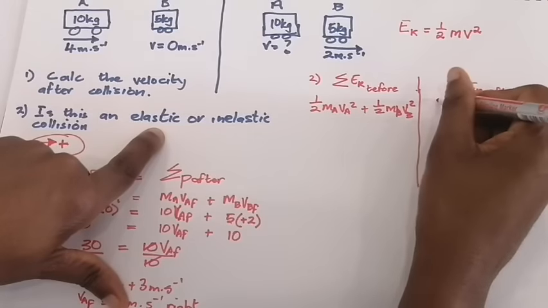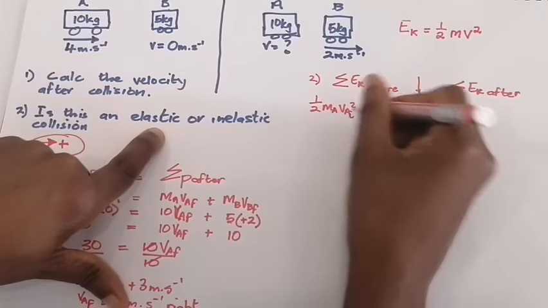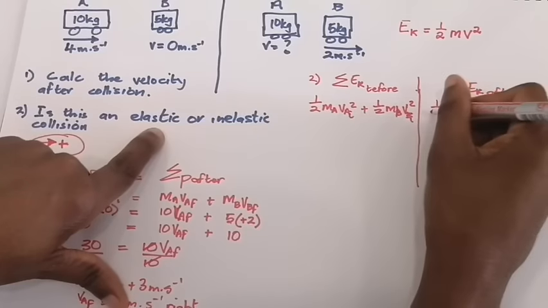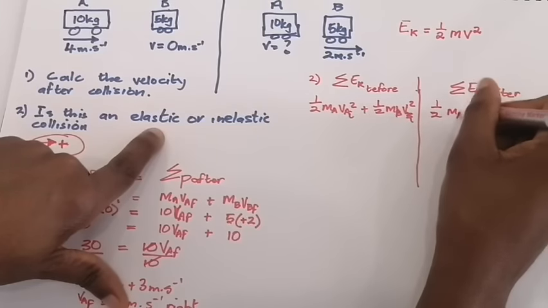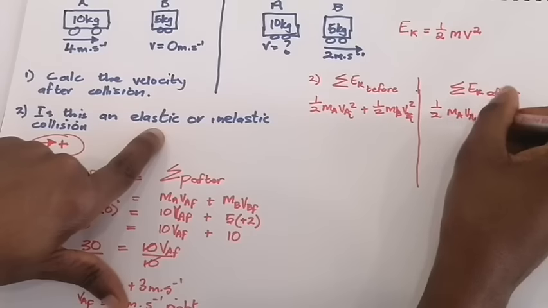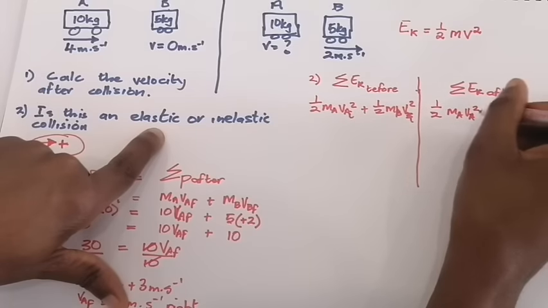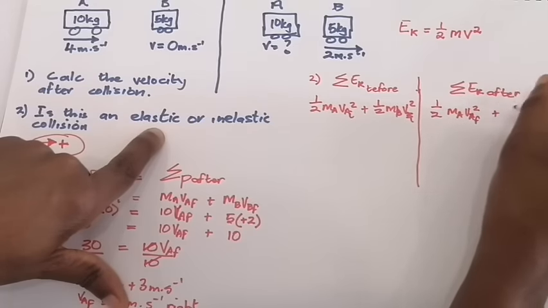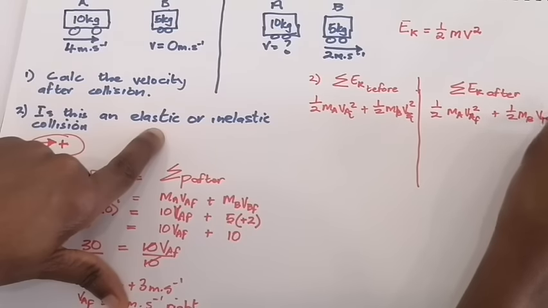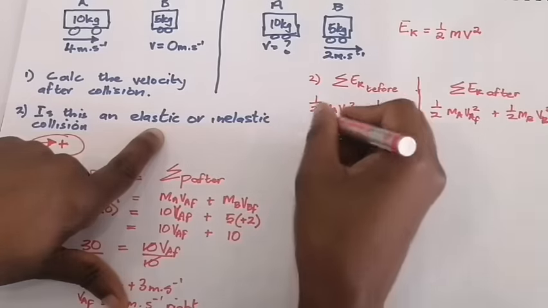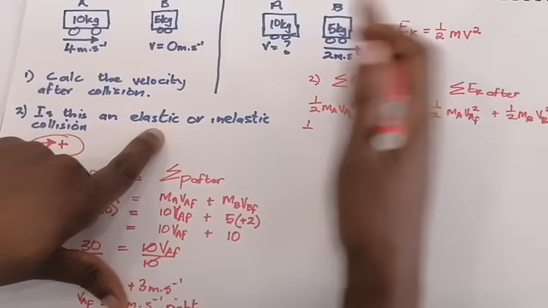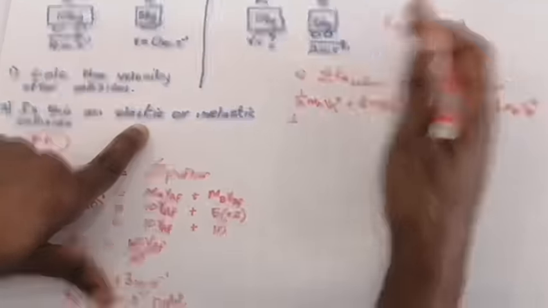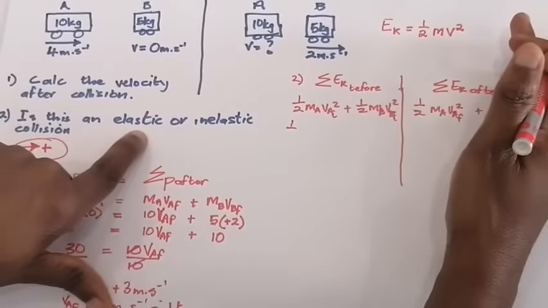Then once again after collision, that's initial, that's going to be half m_a v_a squared, that's final, plus half m_b v_b squared. Now we're going to compare the system before and the system afterwards.